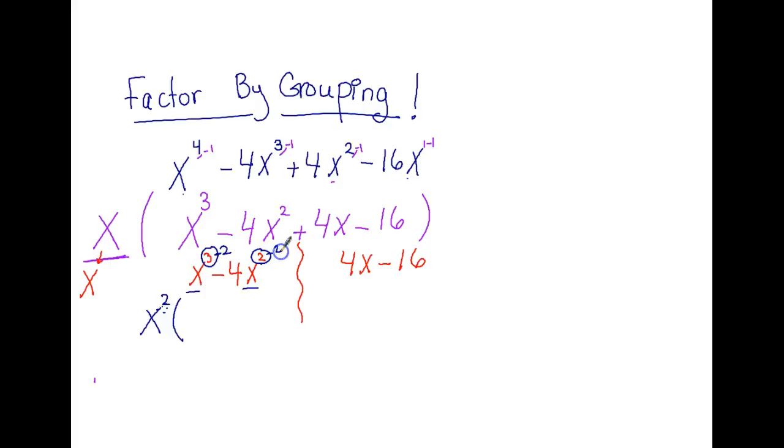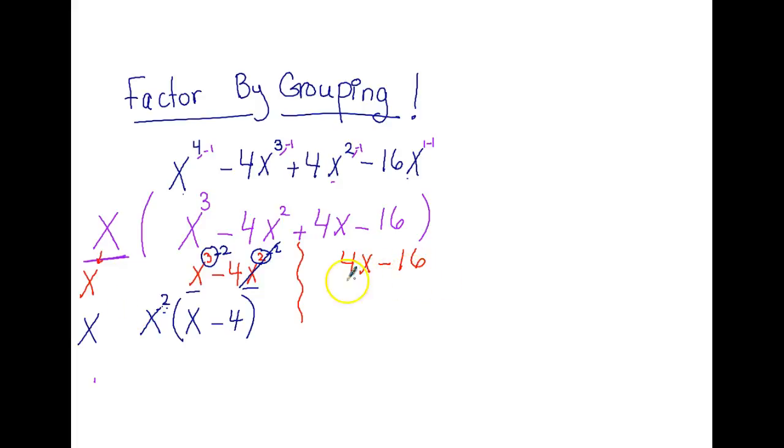So here we have x remaining minus 4. The power is a 0, so there's no x left. And that's how you factor these 2 terms. Again, don't forget your x. Then, you do the next group.